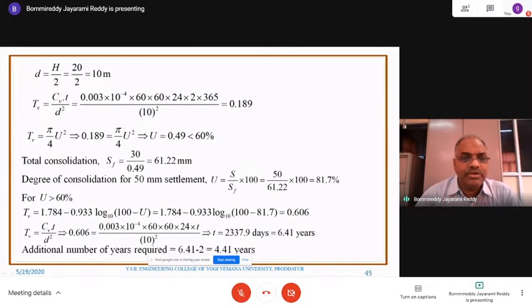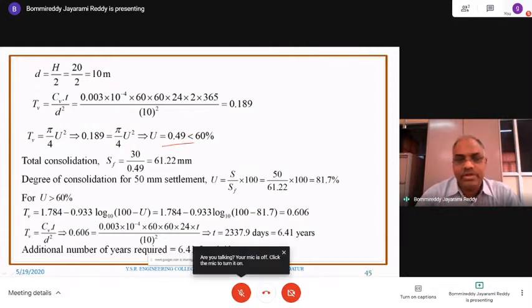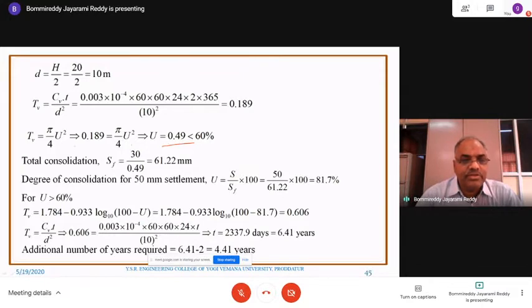Once Tv is 0.189, Tv equal to pi by 4 U square, so U equal to 0.49. 0.49 means 49% is the degree of consolidation. Since the degree of consolidation is less than 60%, this formula is okay.